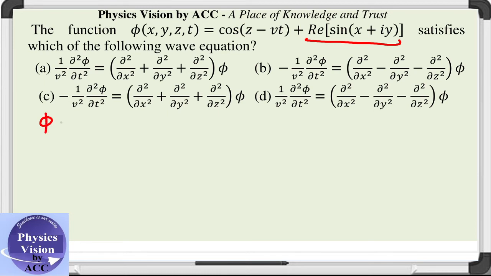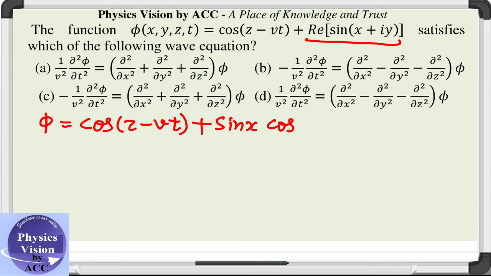We'll take phi as cos of z minus vt, times the function sin x into cosh y. So this is our function phi, and we need to check which of the following equations it satisfies.